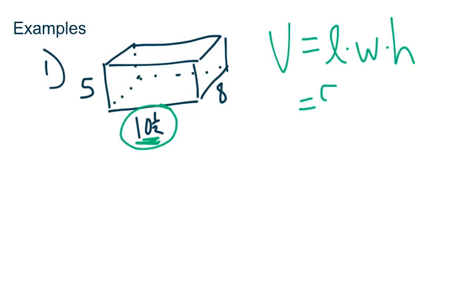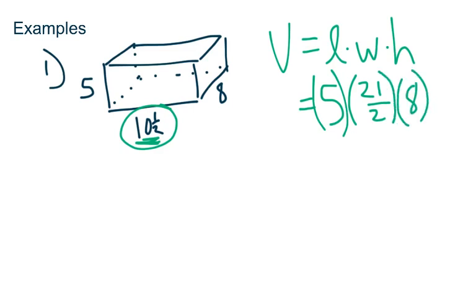So volume is equal to 5, I use a lot of parentheses here, times, now 10 and a half is 21 over 2, times 8. Now here we have a couple of options. What I'm going to do is multiply these two together. So 8 and 2 reduce to 4 and 1.